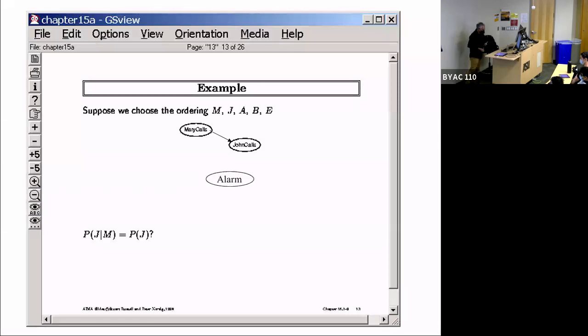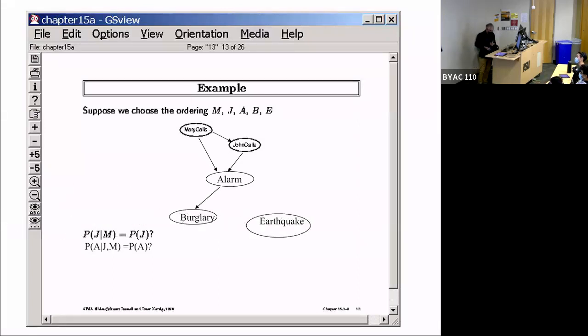Then I will introduce alarm, and I'll ask, is alarm connected to any of them? The reality is they're both connected to alarm, so I have to put those two links. Then I put burglary, and ask, is burglary connected to any of the previous three? Well, alarm.